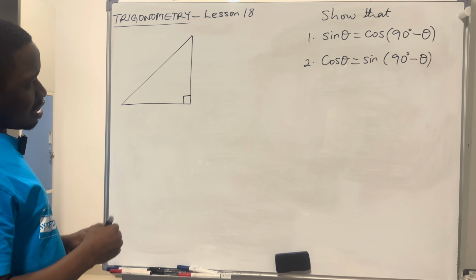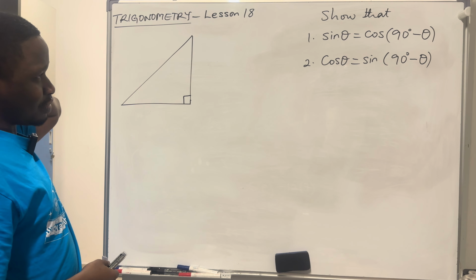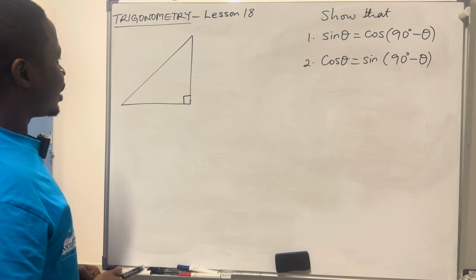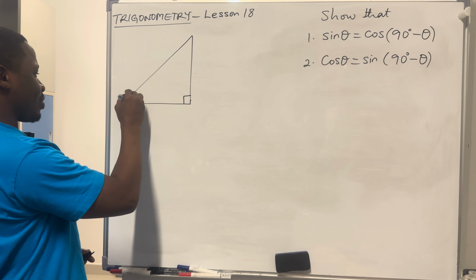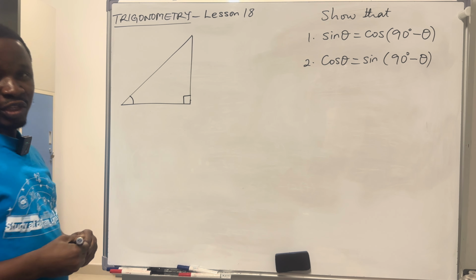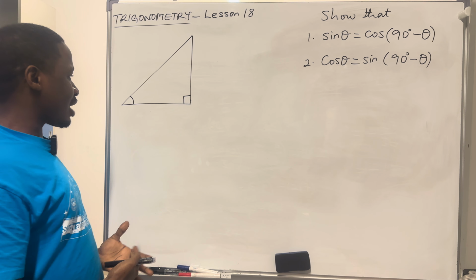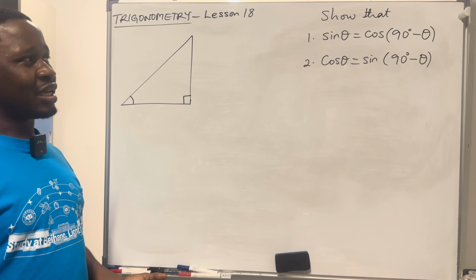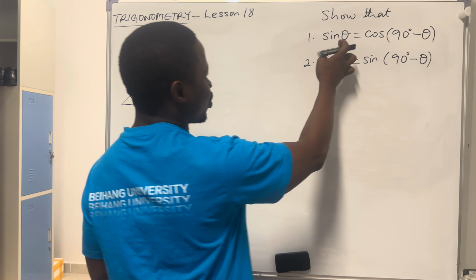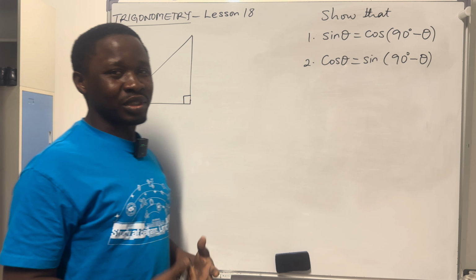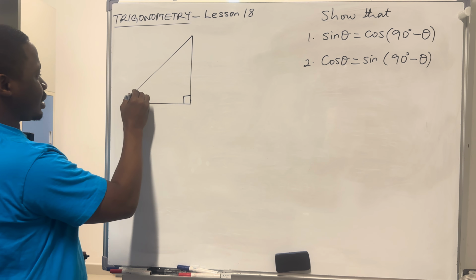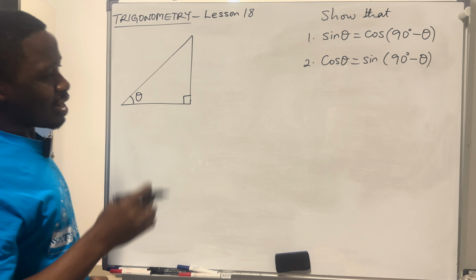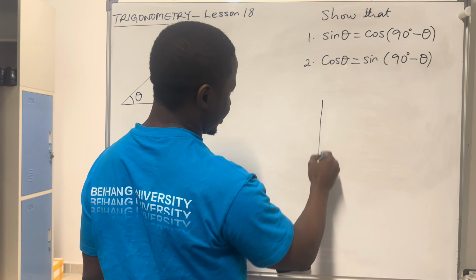Now we need to choose an angle. You can say alpha, beta, gamma or theta. But what we want to prove comes with theta, so we can simply use theta. So let here be theta.